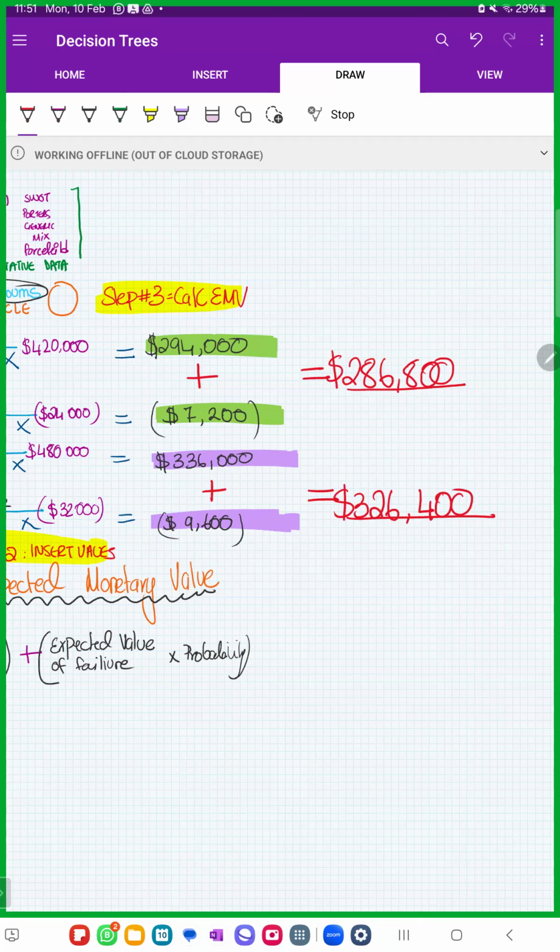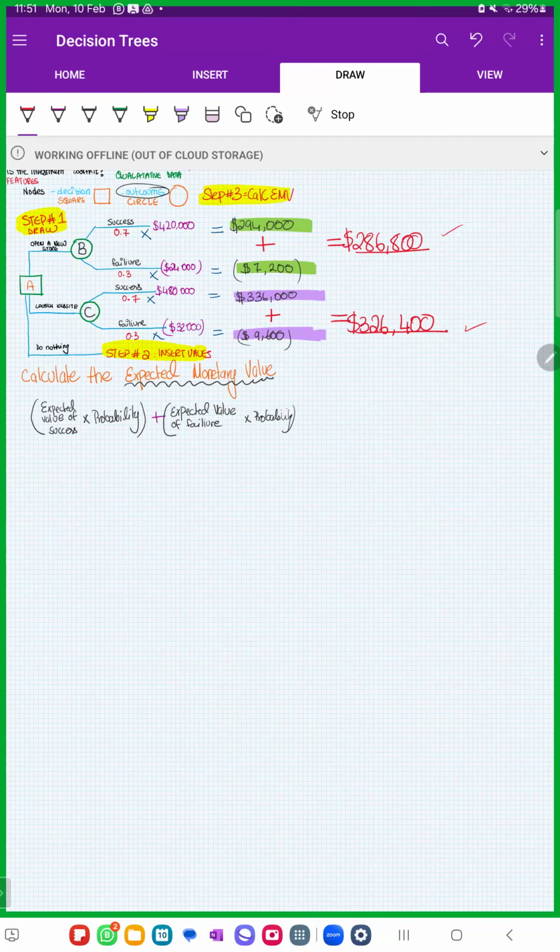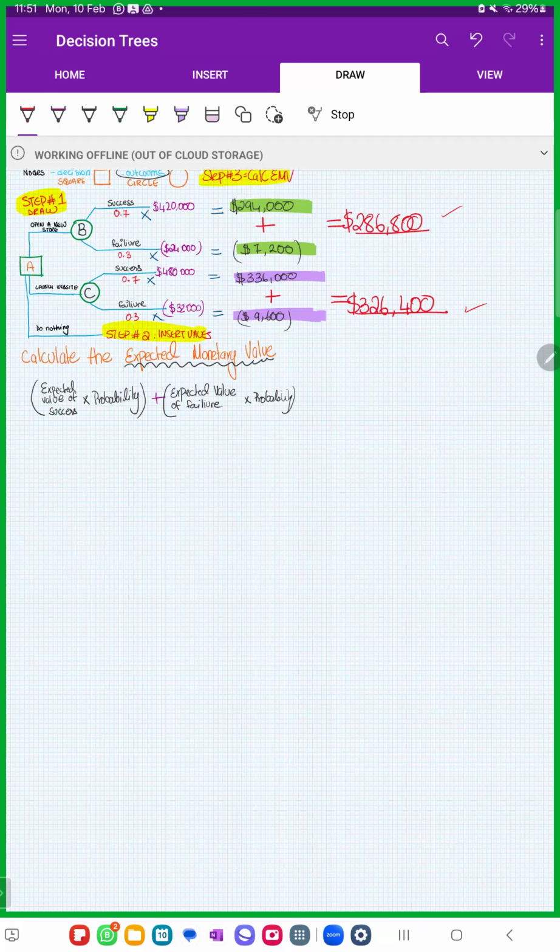So what I'm going to do is take this and take this, and add them together. So my expected monetary value, for option A and option B, you're going to make a table like this for your understanding.